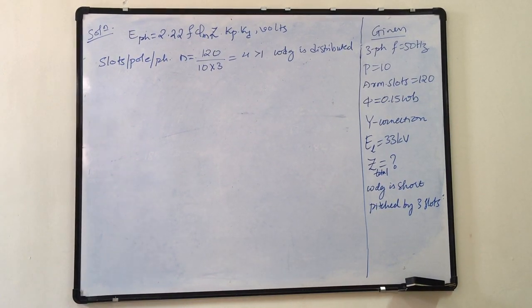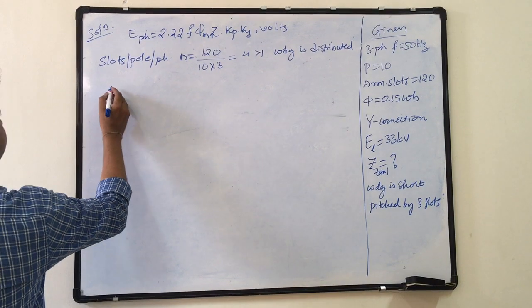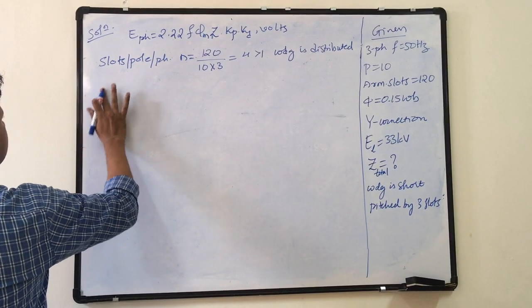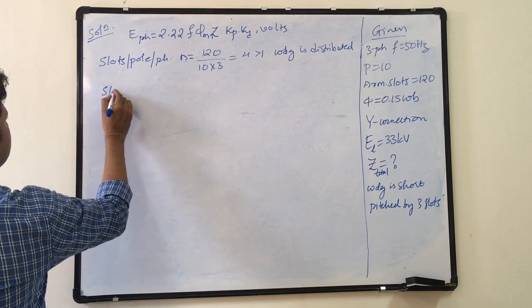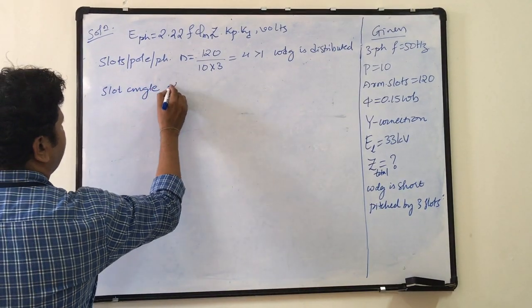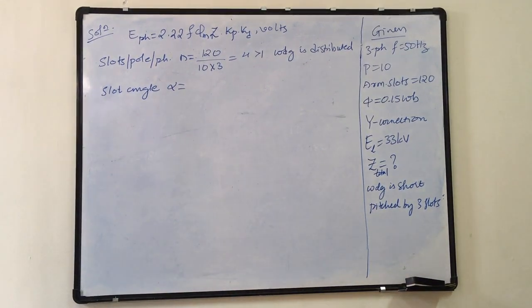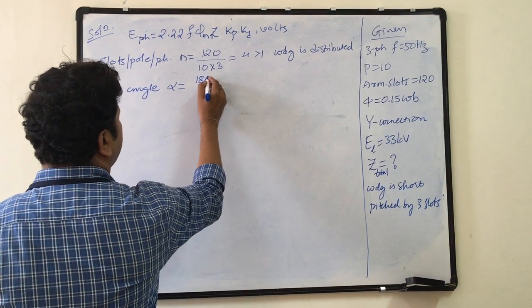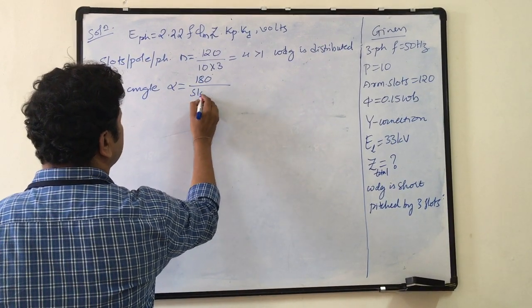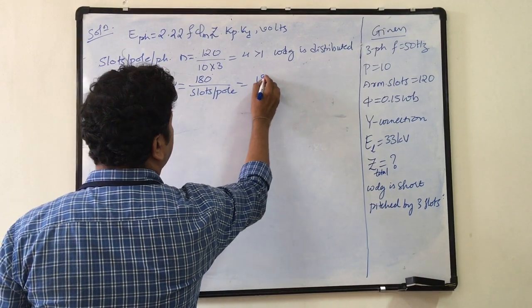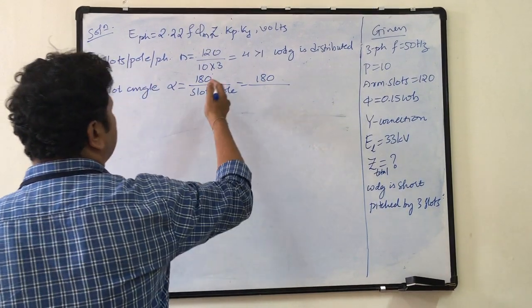Now I have to find out what Kd is. To find Kd, I need alpha, the slot angle. Alpha is equal to 180 degrees divided by slots per pole.